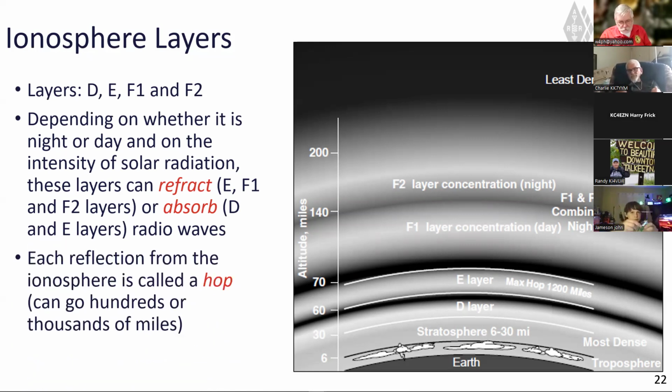Each reflection from the ionosphere is called a hop, and they can go hundreds or thousands of miles.